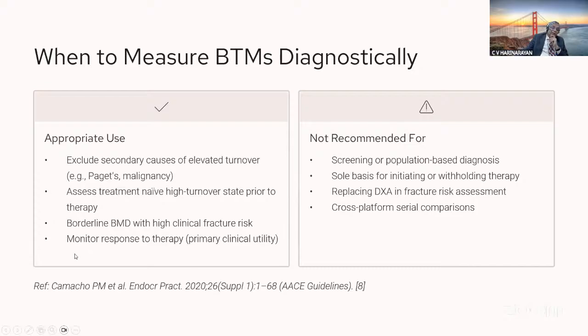So when you are using osteoporosis treatment and you find a borderline BMD with high clinical fracture risk, whether it is improving or not, primarily its clinical utility is here.